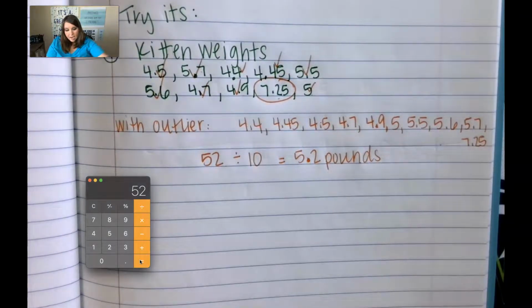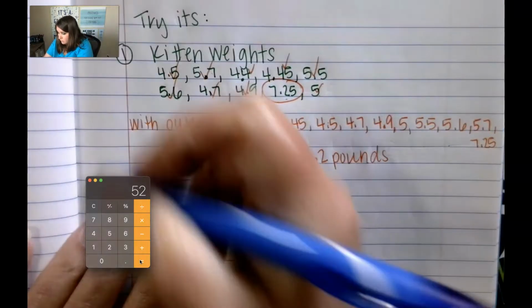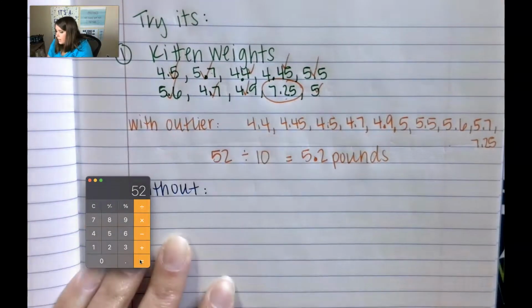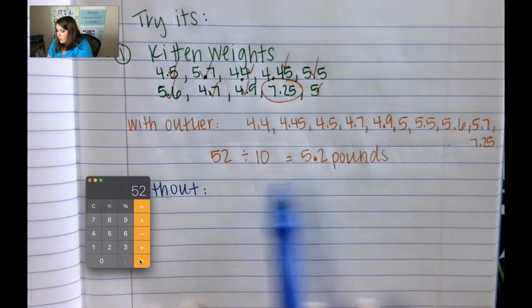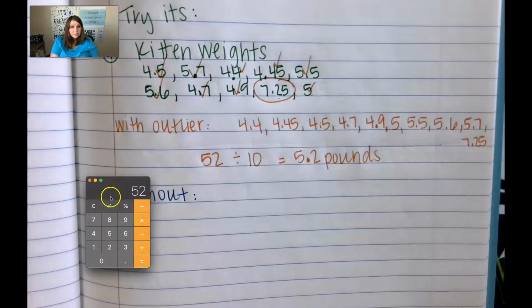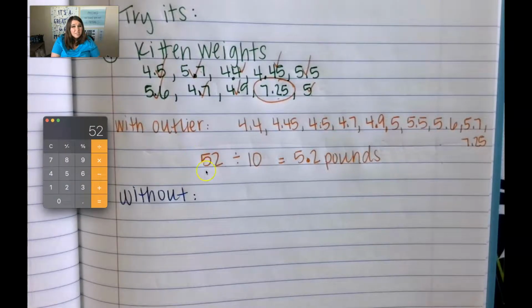So now we're going to look at without the outlier. All right, so we're going to add all those up and divide by 9 because 9 data points this time. I'm also just going to take this 52 and subtract my outlier from it because that's an easier way to do this.